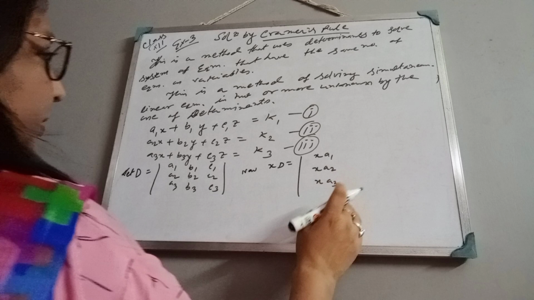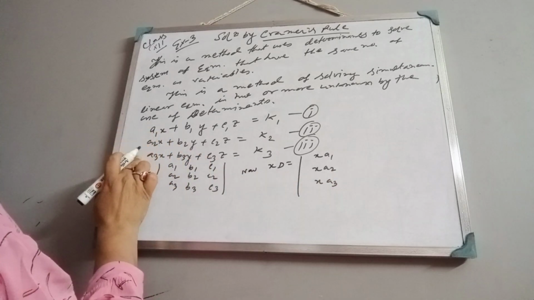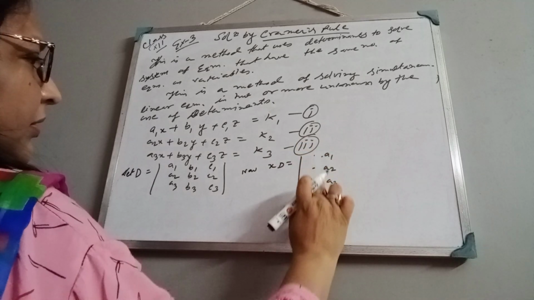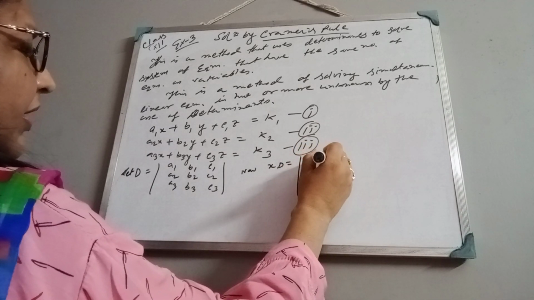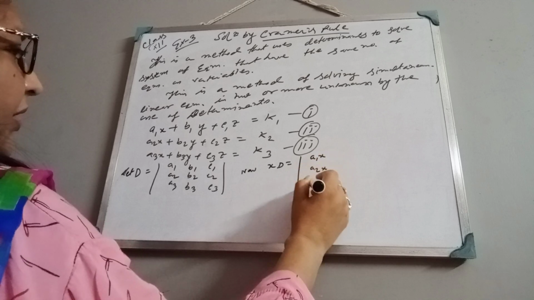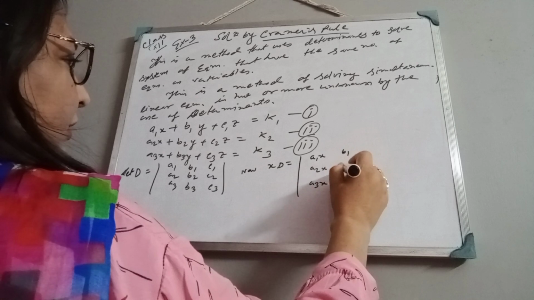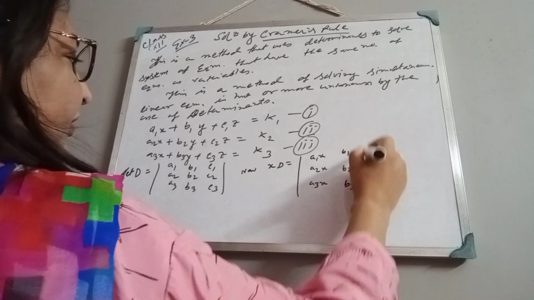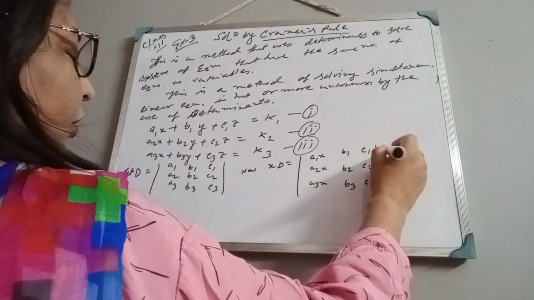Or we can write, actually this is given as a1x, a2x, a3x. So better to write in this way: a1x, a2x, a3x, okay, and b1, b2, b3, c1, c2, c3, okay.